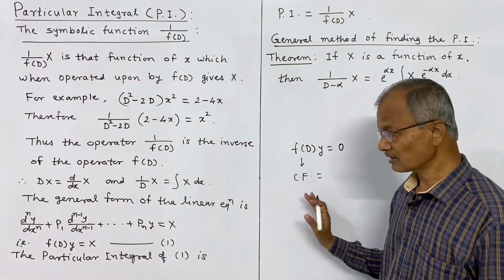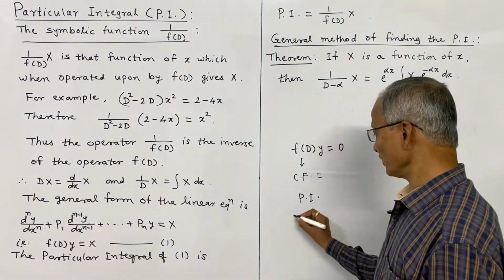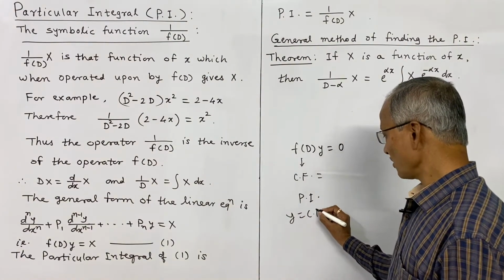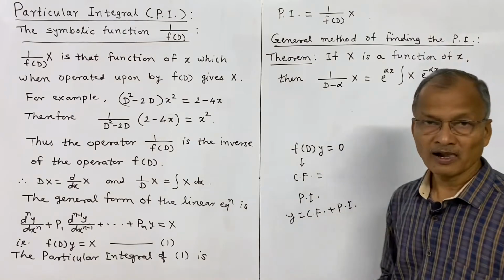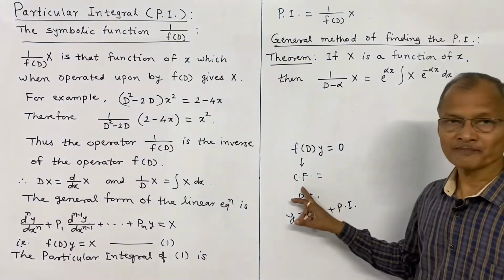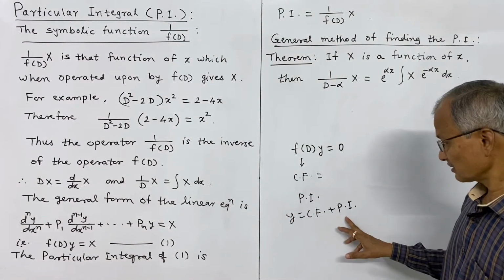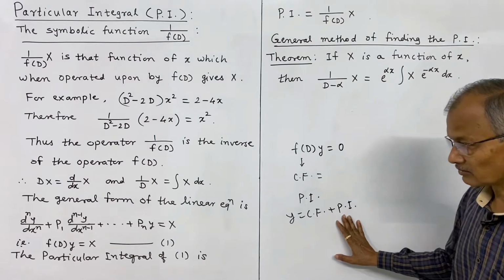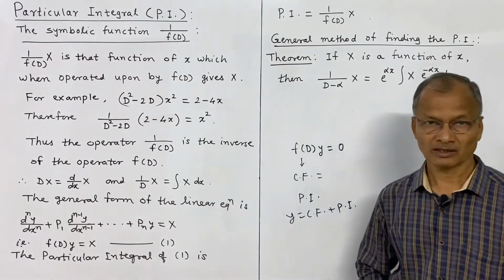Now we shall study how to obtain the particular integral, and then we know the general solution is complementary function plus particular integral. So the first part we have done already, that is to obtain the complementary function. Now we shall consider the second part, to find the particular integral of this linear differential equation.